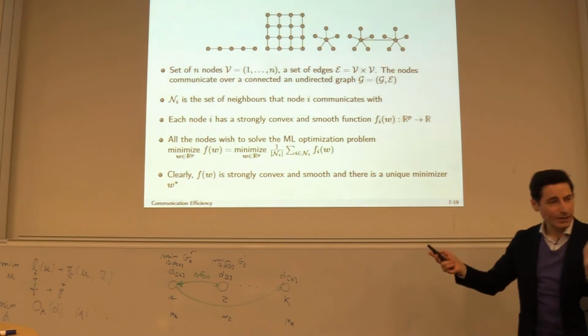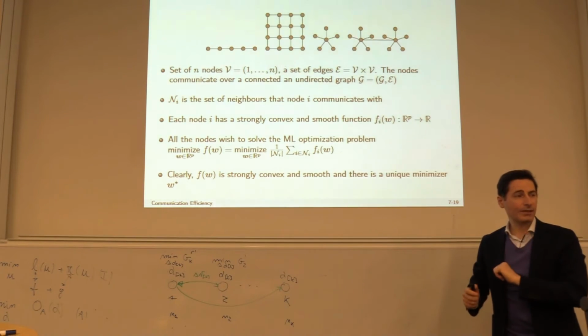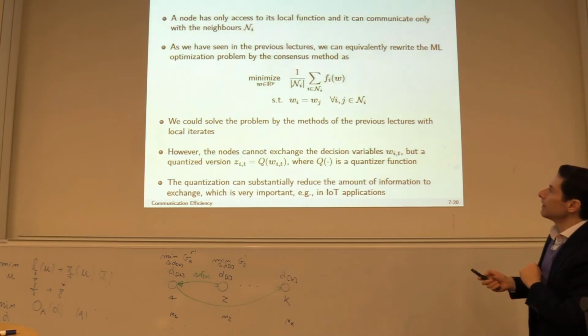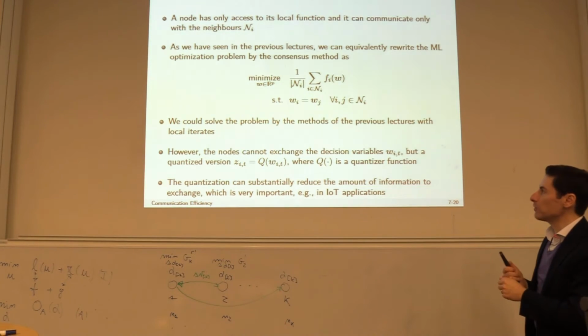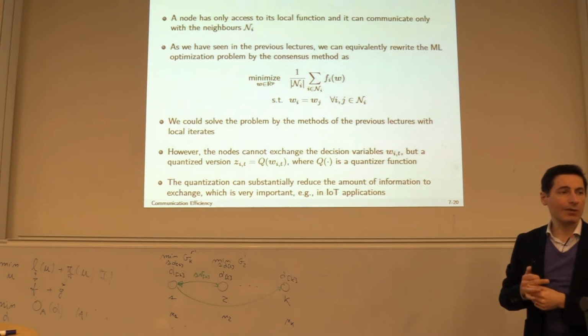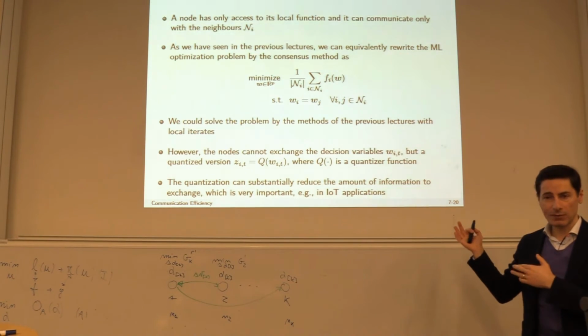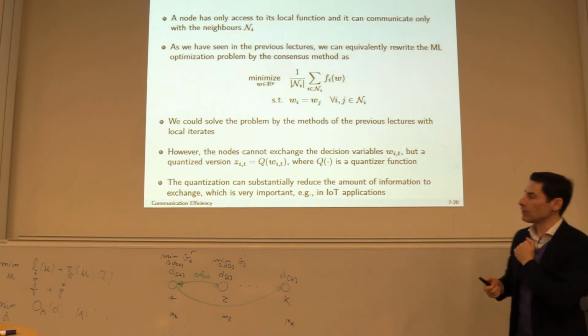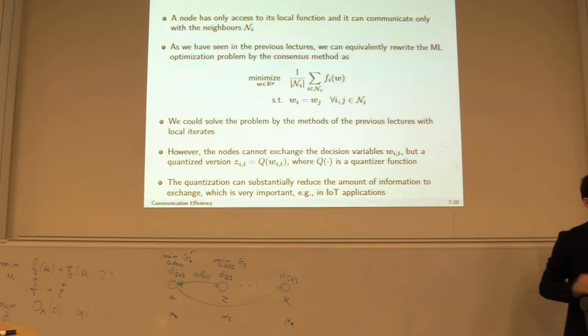Okay, it's already divided, and there is already an owner. Then, what we wish to do, as usual, is to compute the optimal solution of the machine learning problem with distributed computation, and given the formulation of the problem here, we can directly apply the methods of a couple of lectures ago.